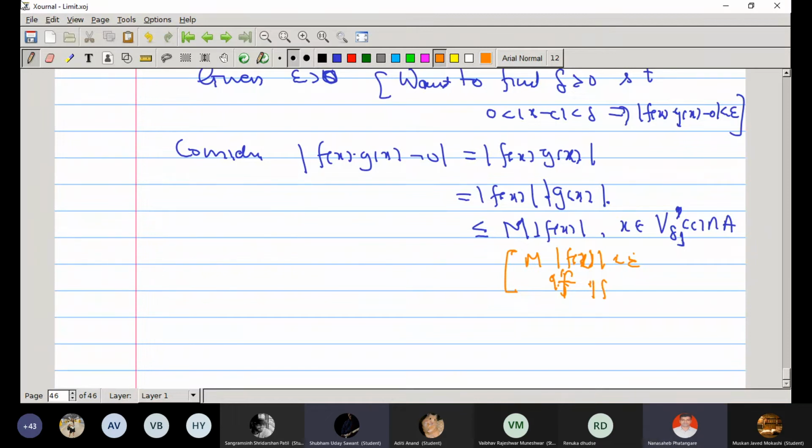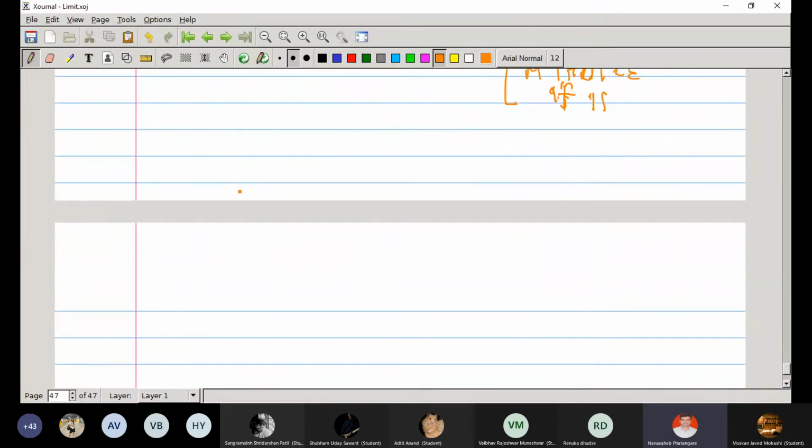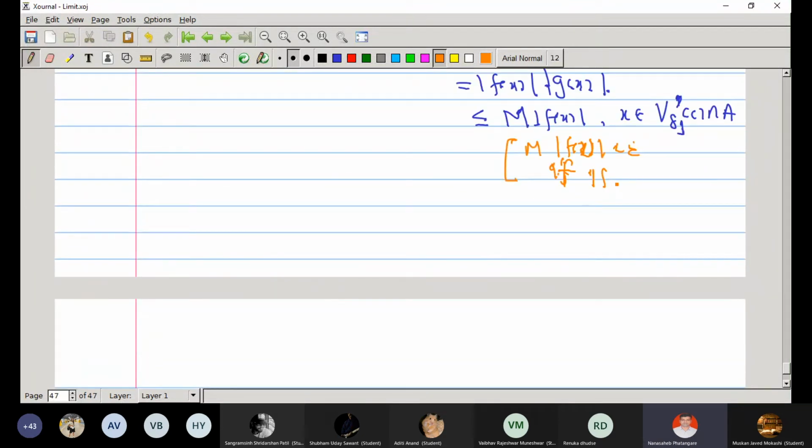So mod f(x) is less than epsilon by m. Now, is it possible to make the absolute value of f(x) less than epsilon by m? Yes, sir.